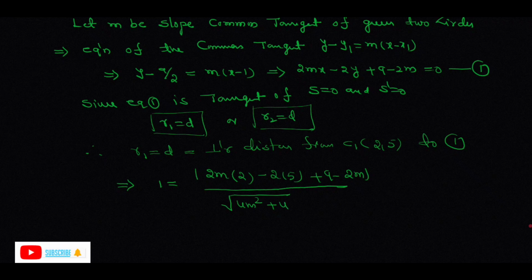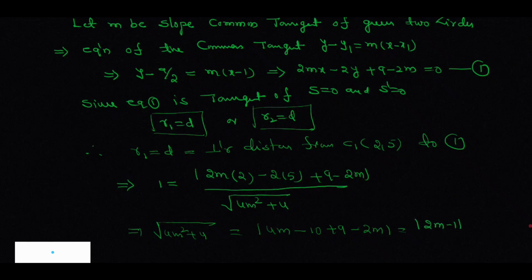Now cross multiply, then 1 into root of 4m square plus 4 is equal to mod of (4m minus 10 plus 9 minus 2m), we get mod of (2m minus 1). Root of 4m square plus 4 equal to mod (2m minus 1).